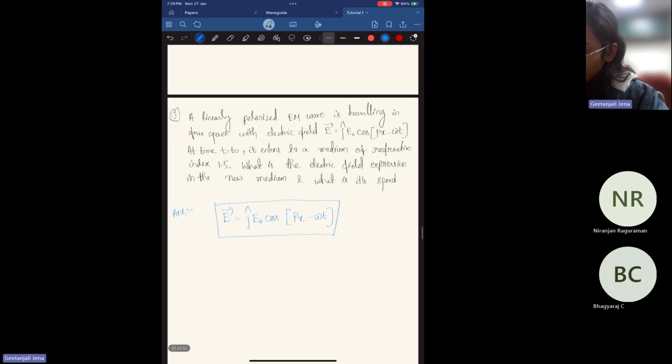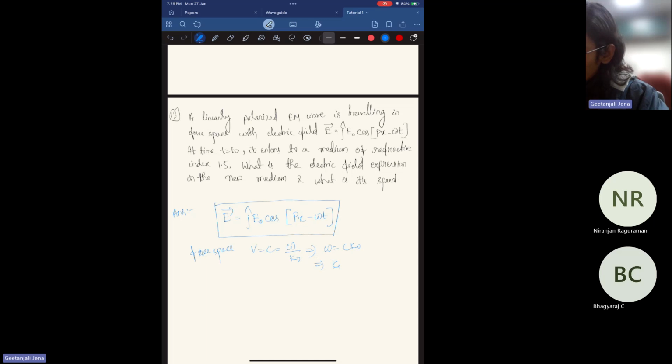So initially it was traveling in free space. So that means the velocity v is equal to c, which is nothing but omega by k0. So omega is c k0, or k0 is omega by c.